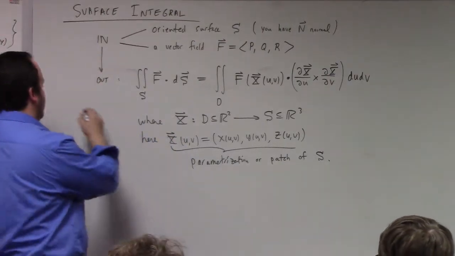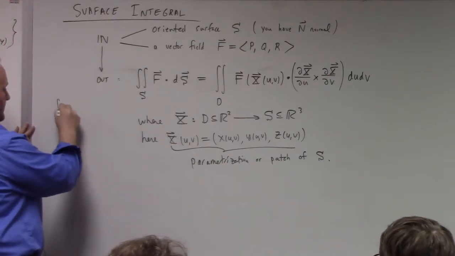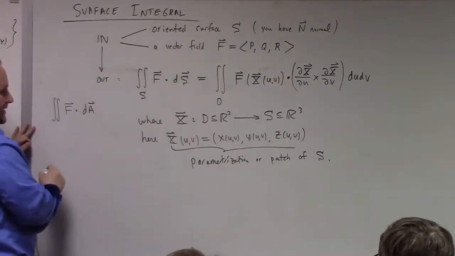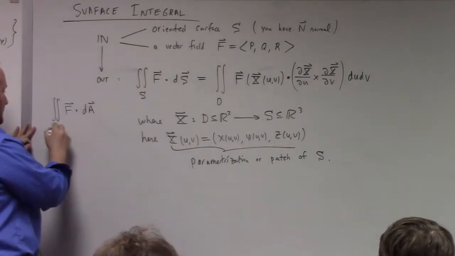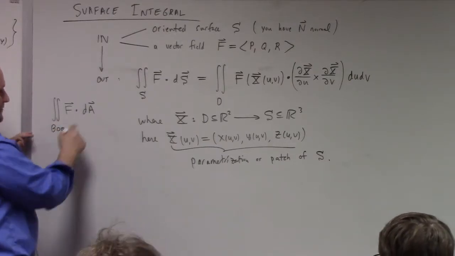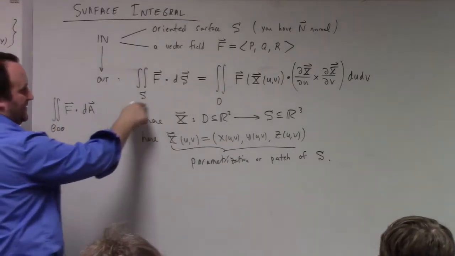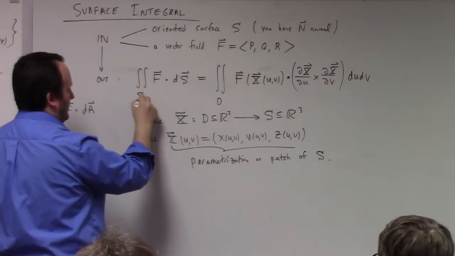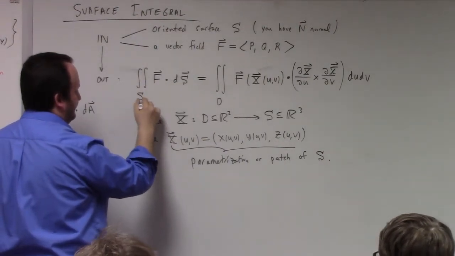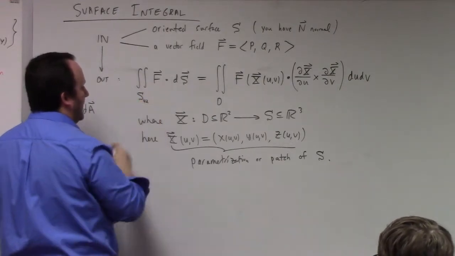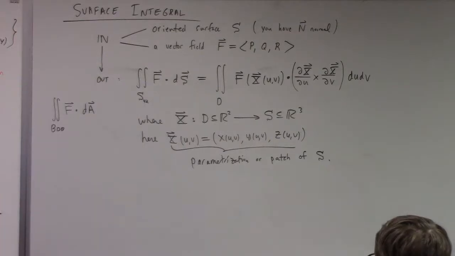I've seen other places, dA vector, like that. And this doesn't have to be S. It could be whatever, Bob. Right, I wouldn't write dBob there. This S and that S are not connected. I mean, it's not the same S.